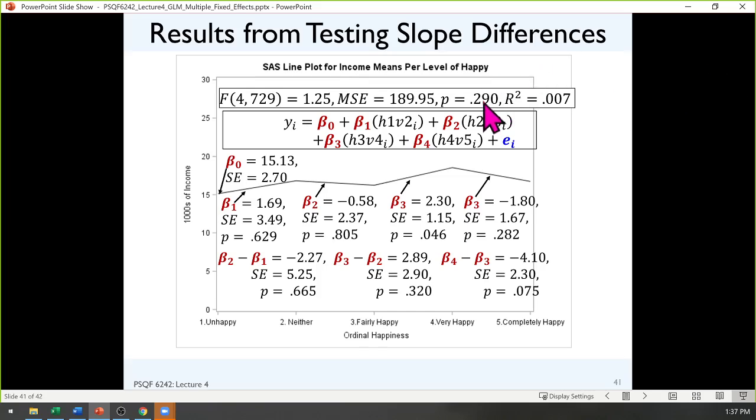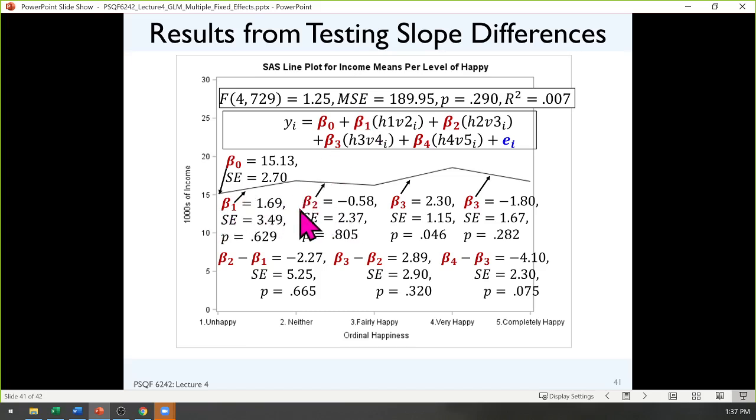So the p-value for the model is not significant, meaning the ratio of information explained to information unexplained is not good enough. And the effect size, we've accounted for less than 1% of the variance. So we do not have a significant prediction from happiness to income for the 4 slopes.